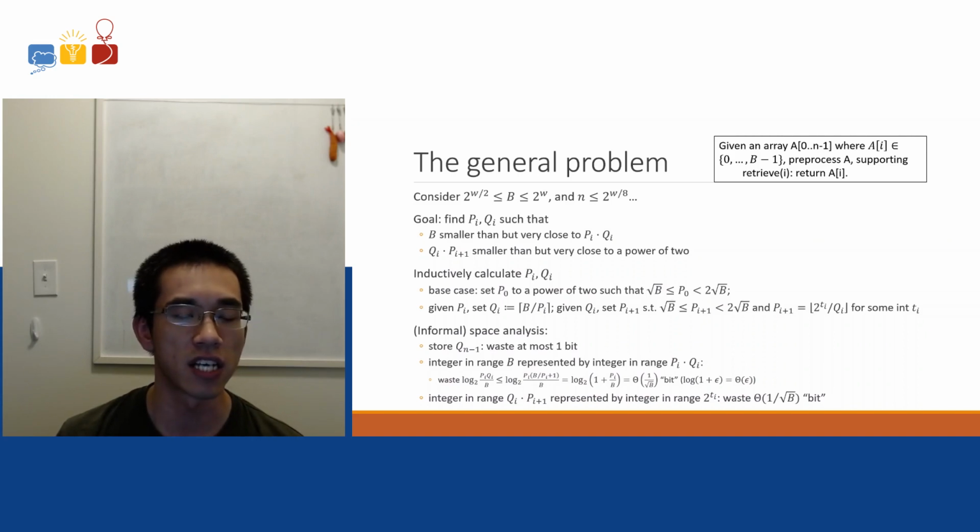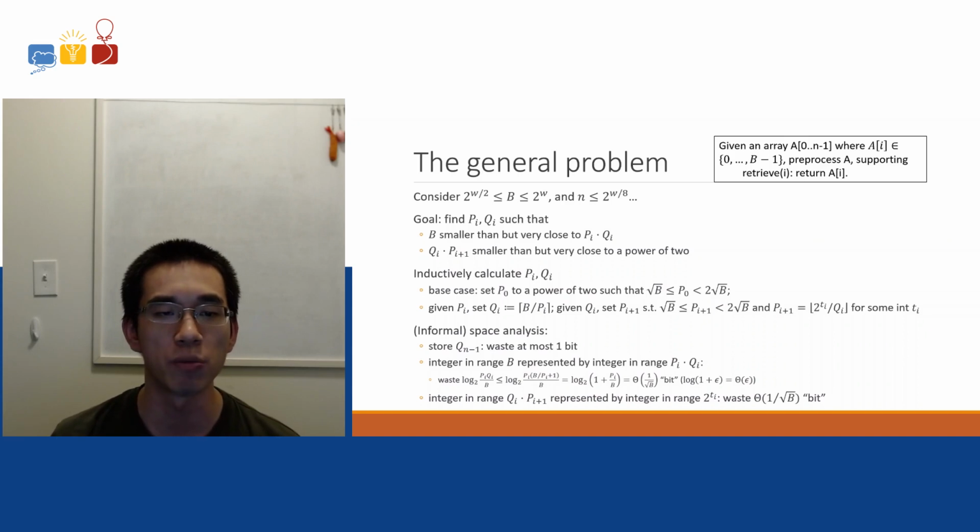It turns out that the difference is log base 2 of pi times qi divided by b. If we do the calculation, this turns out to be log base 2 of 1 plus pi divided by b. Then by the fact that log of 1 plus epsilon is theta of epsilon, this is roughly theta of 1 over the square root of b, because we always set pi to be roughly the square root of b.